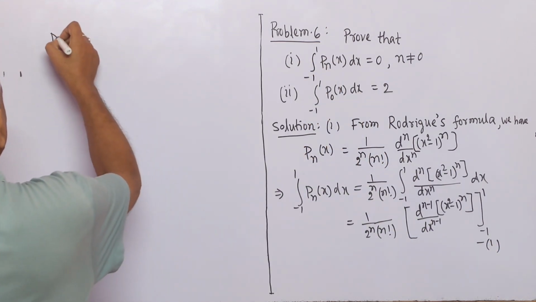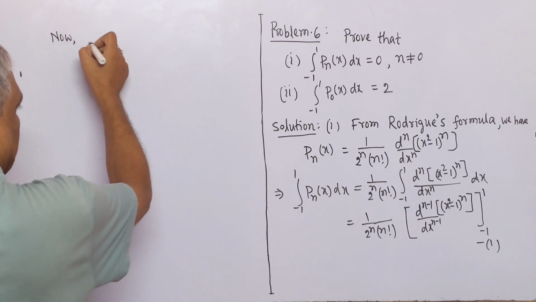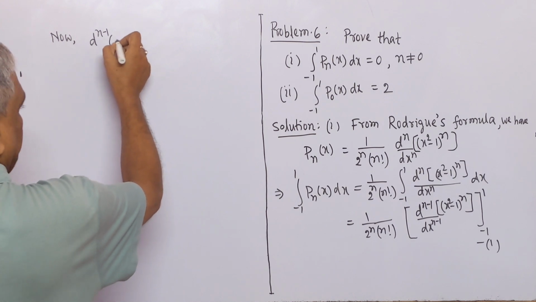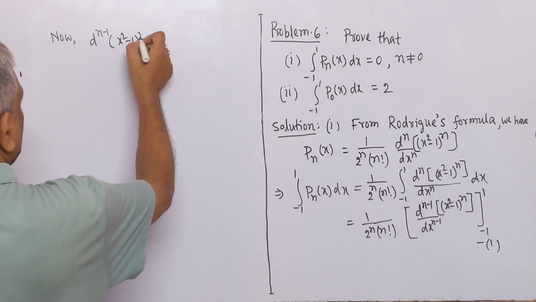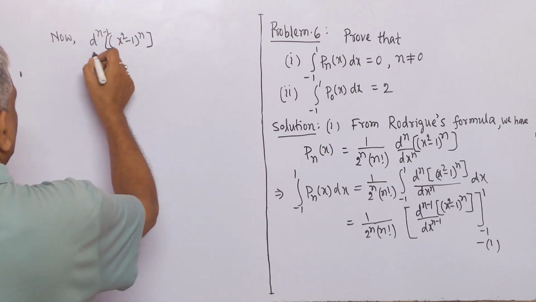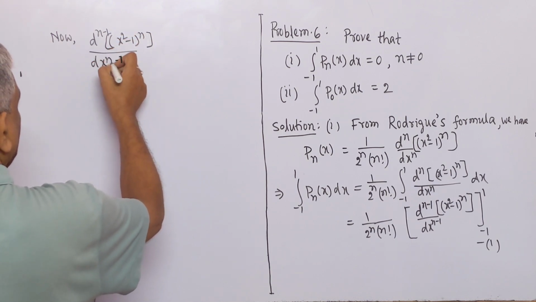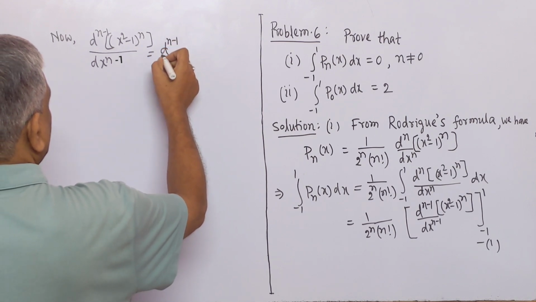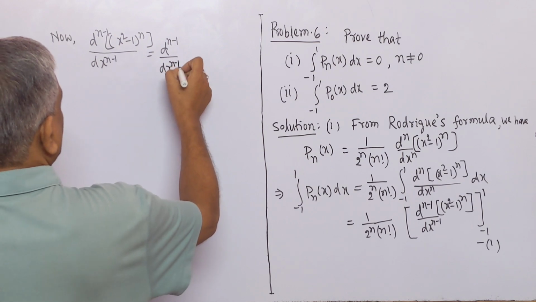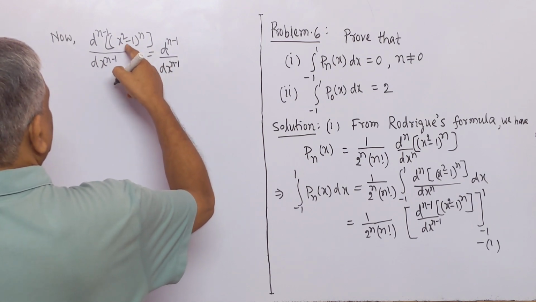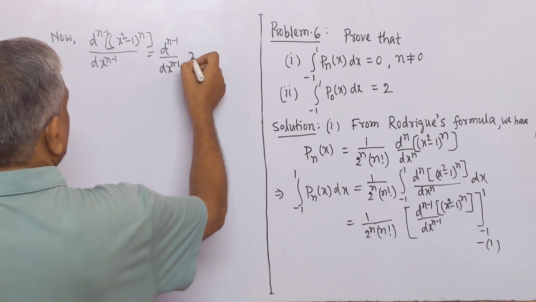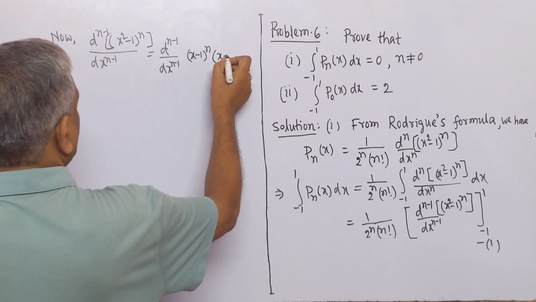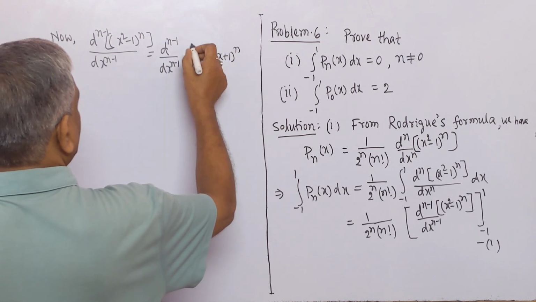Now d^(n minus 1) of (x square minus 1) whole to the power n by dx^(n minus 1) equals d^(n minus 1) by dx^(n minus 1) of... We factorize this: (x minus 1) whole to the power n multiplied by (x plus 1) whole to the power n.